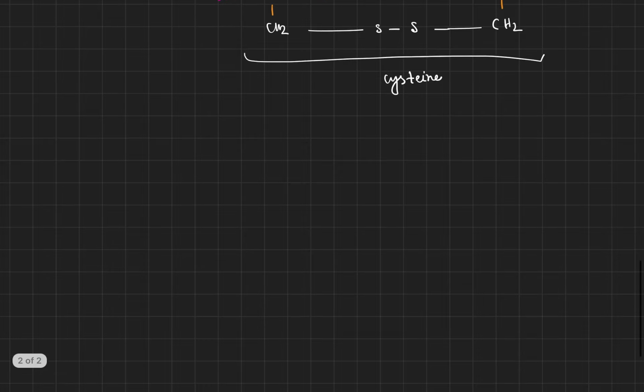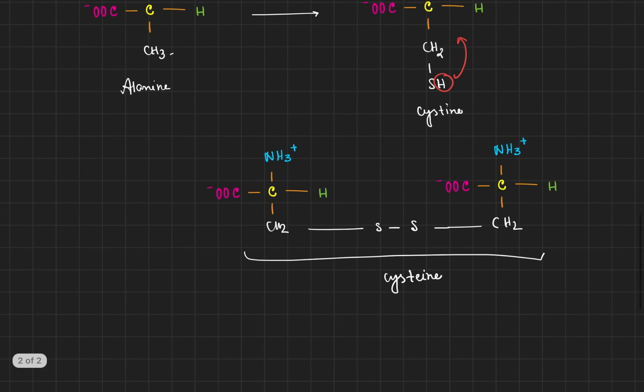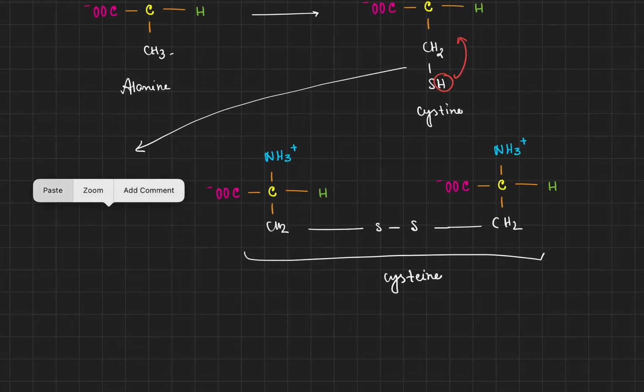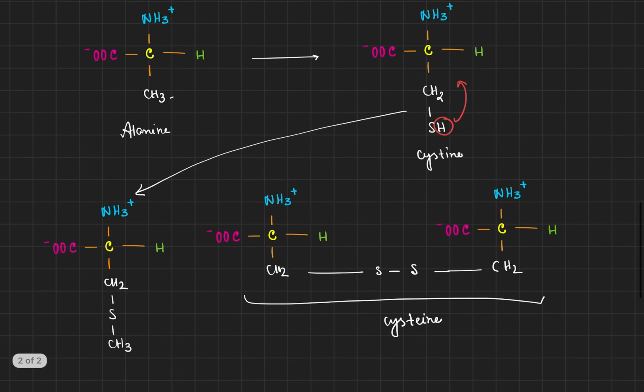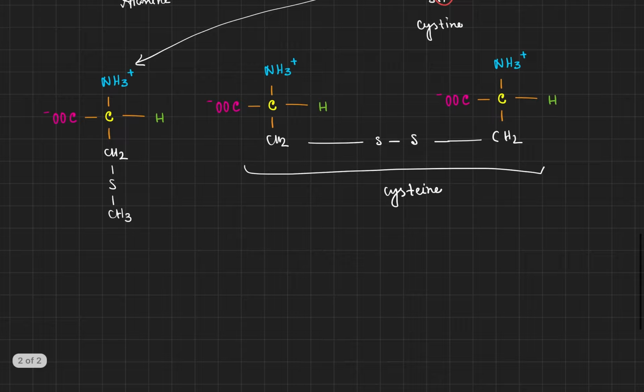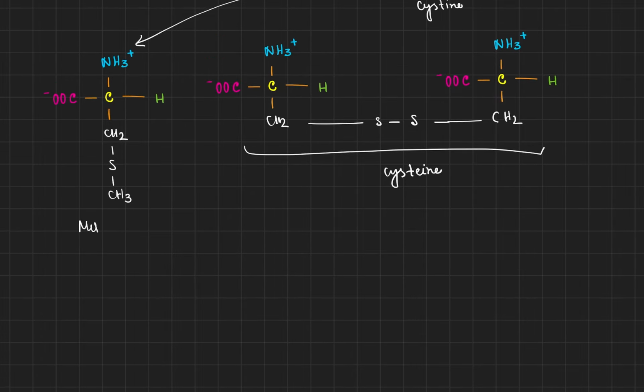Again, if I take this cysteine and replace this hydrogen with a methyl, SCH3, I will get methionine.